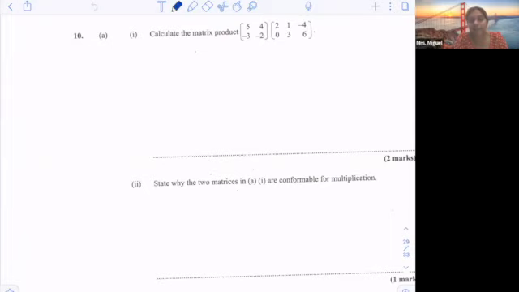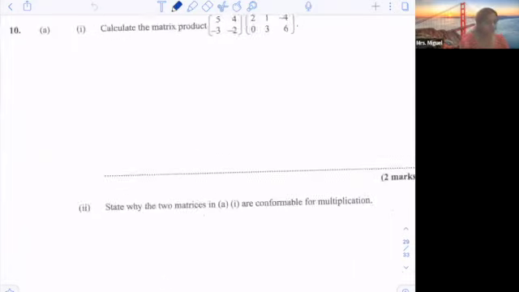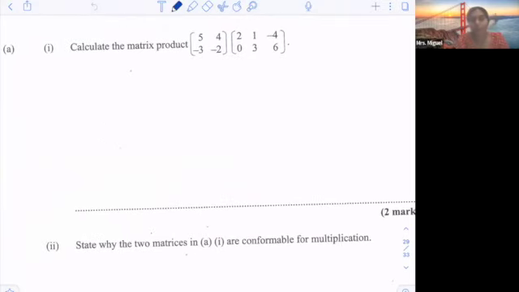Calculate the product of those two matrices. Before we attempt to work out the product, we need to ensure these two matrices are what we call conformable for multiplication. Conformable means that the two matrices can be multiplied.